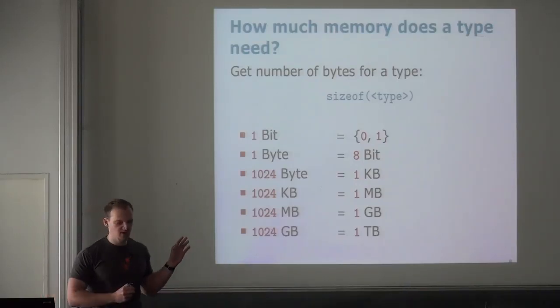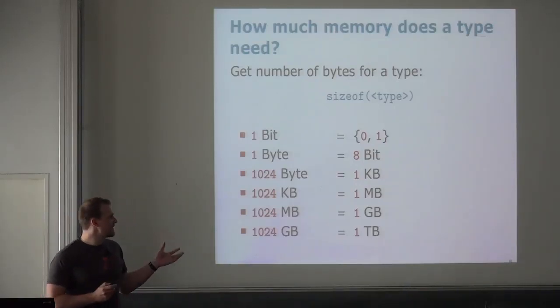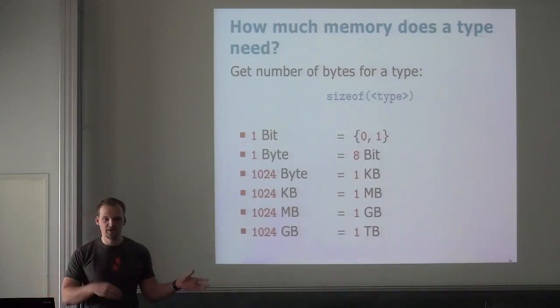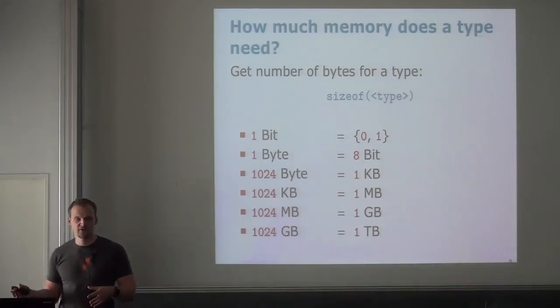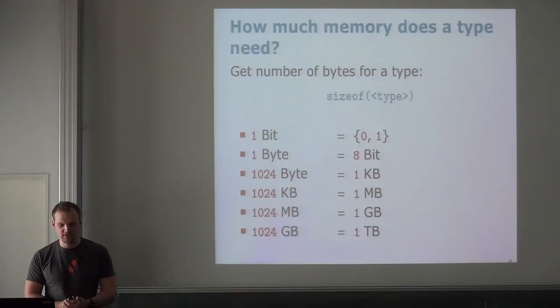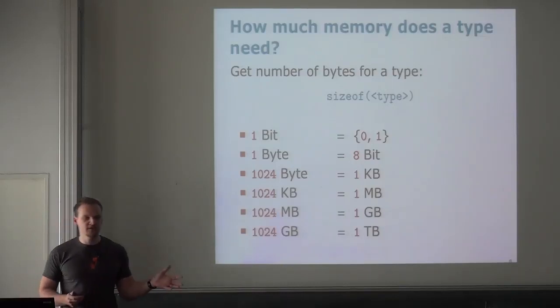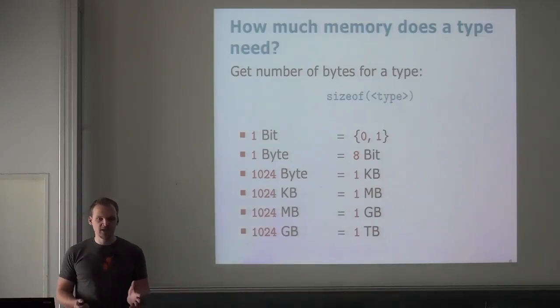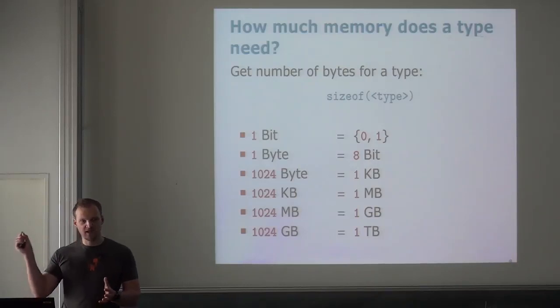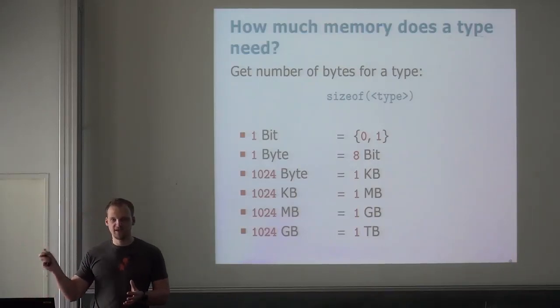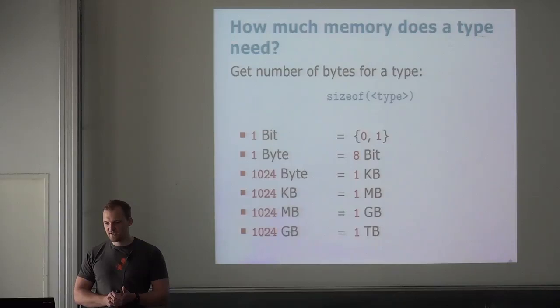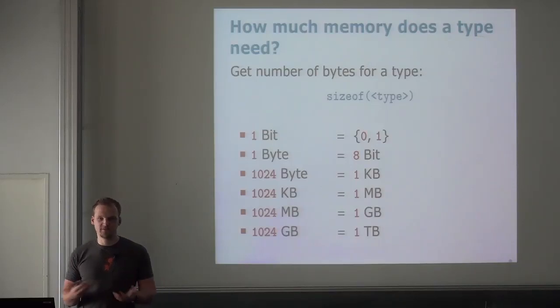Good. So a small reminder on what these bytes, bits, and so on are, for those who are not working with this every day. The smallest thing that you can have is a bit. That's like the smallest physical cell in your memory, and it's either 0 or 1. There is nothing else there.